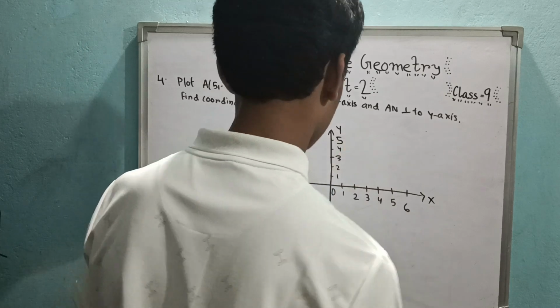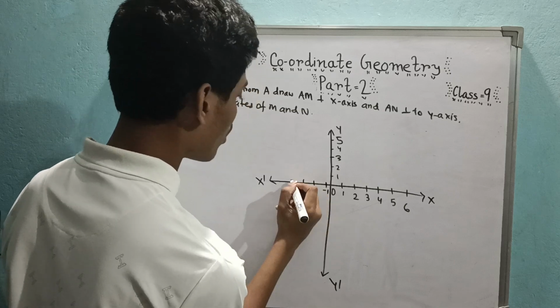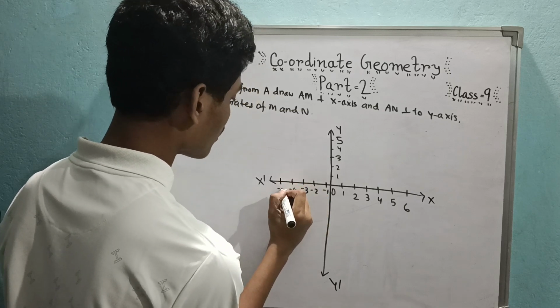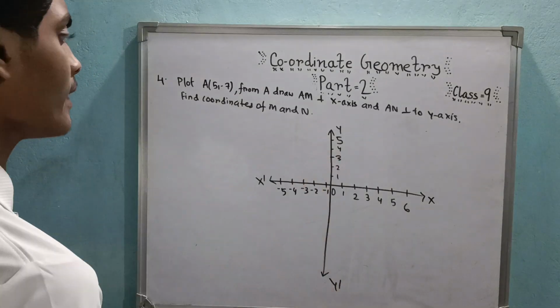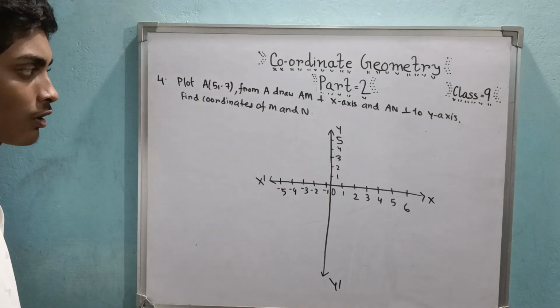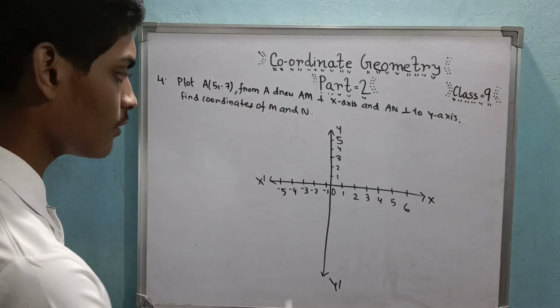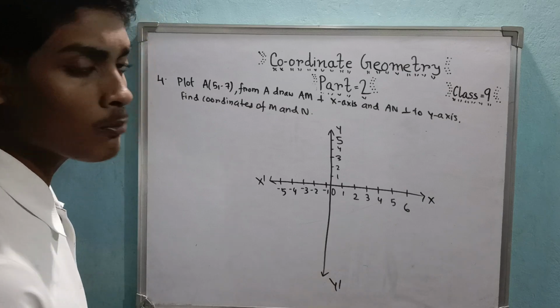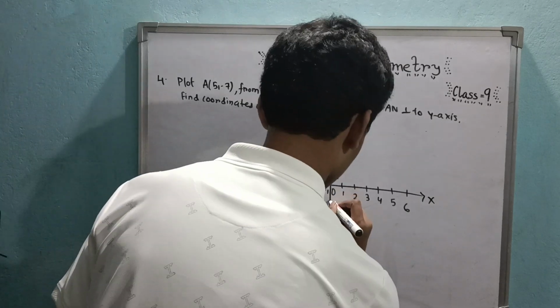Let it be up to 6 on one side, and up to 5 on the other. You can go up to any extent, but have a limit. You can mark the points and have an idea of what points you have to plot. Like see here, -7 is there on the y-axis. That means on this line I have to keep up to -7. That's why I drew it a little bit more. You can understand that. See this.